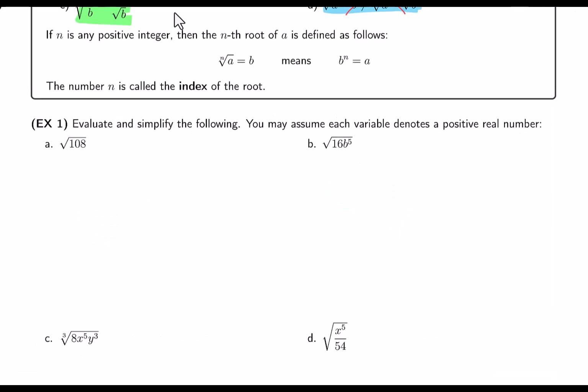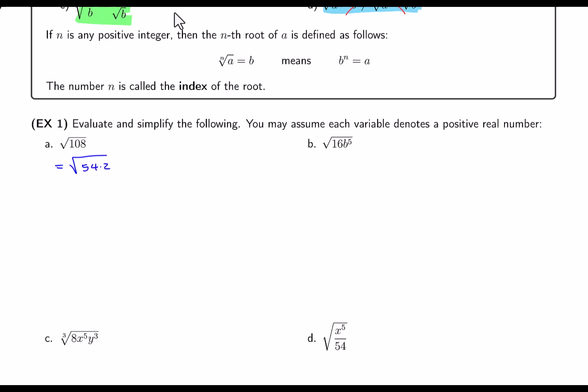All right, so these are pretty common. If you have something underneath a root, whether it be a square root, a cube root, or whatever, you can simplify values. So for instance, 108 is not a perfect square. However, it may have factors that are perfect squares. And you might not know what those factors are right off the bat. But for instance, let's see here. I know 108 is 54 times 2.